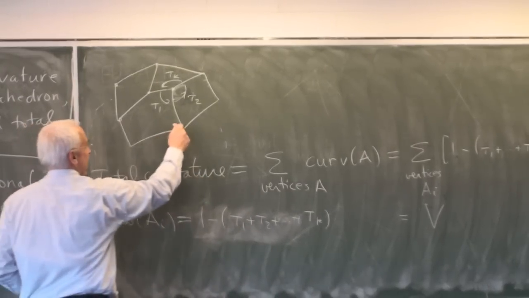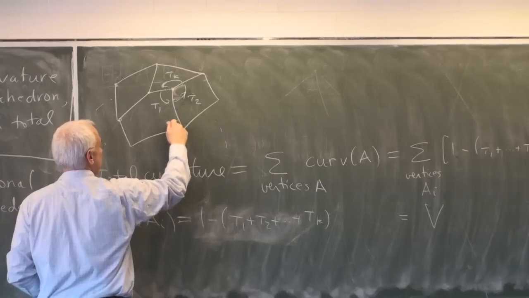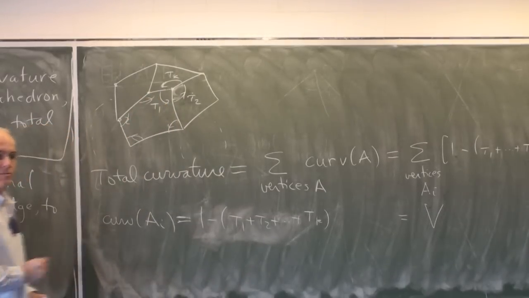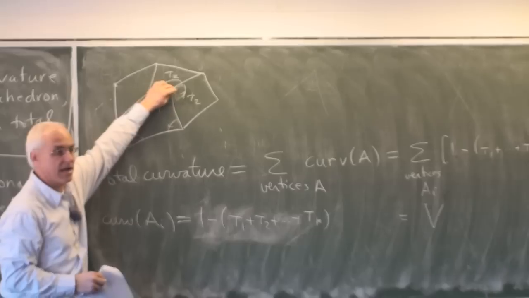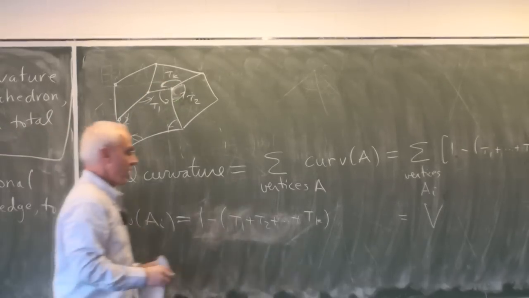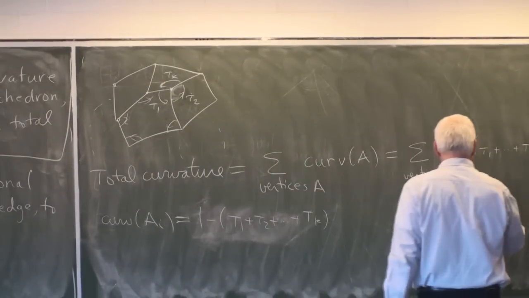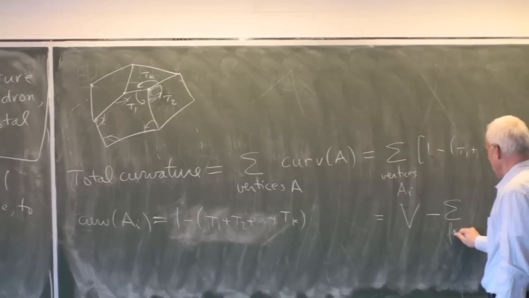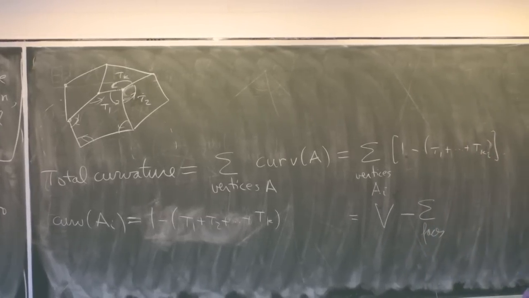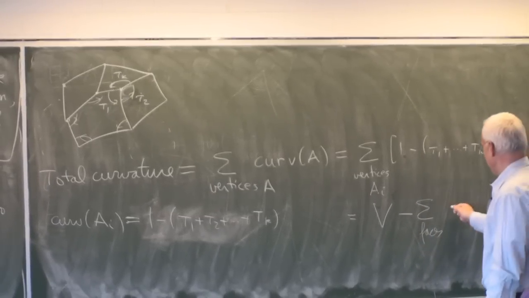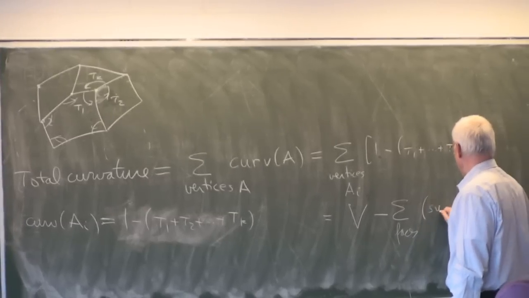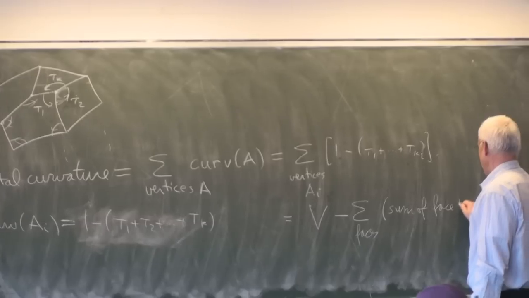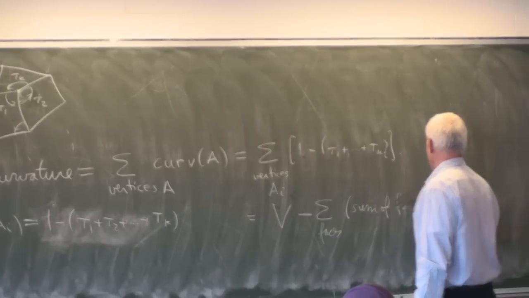We're just summing every single one of them, because each one of them appears at exactly one vertex. So we can write, it's V minus the sum over all the faces of the sum of the face turn angles.